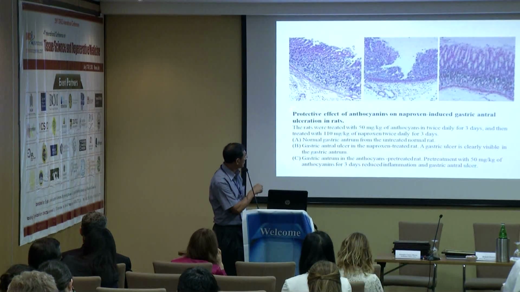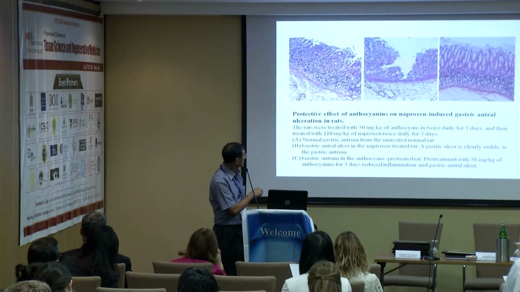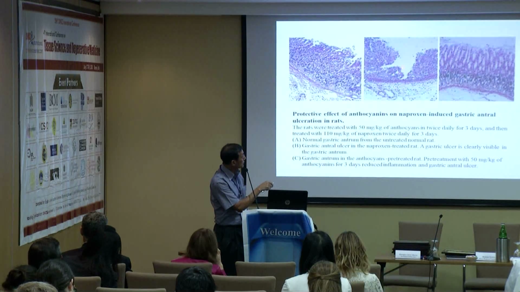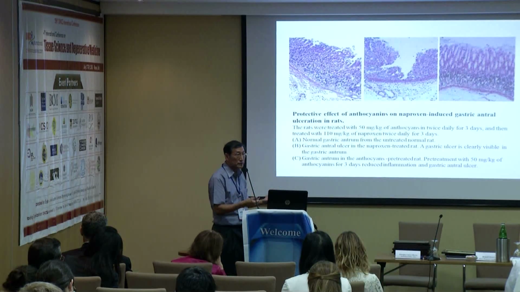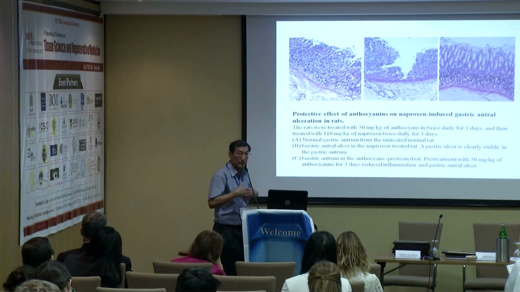The protective effect of anthocyanin on naproxen-induced gastric ulcer in rats is similar to astaxanthin. The ulceration is produced by naproxen, and 70 or 80% alcohol has a similar effect in inducing ulceration in rats.